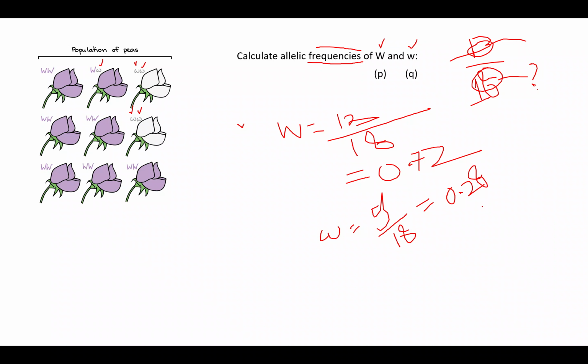If you approximate, it comes to 0.28 in two decimal places. But you are correct. It becomes 0.28.